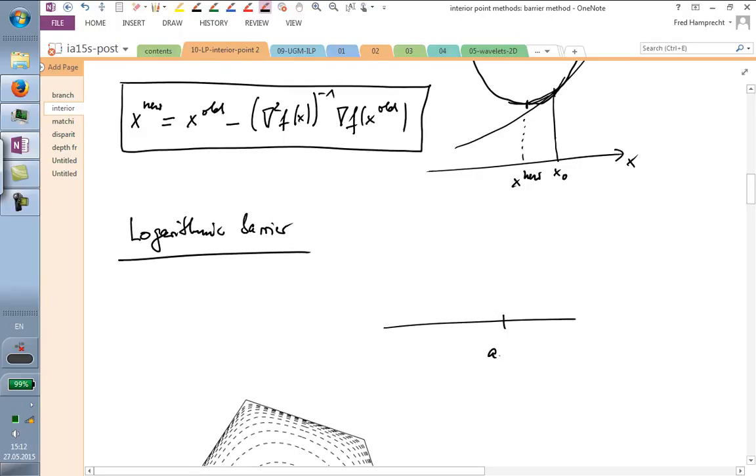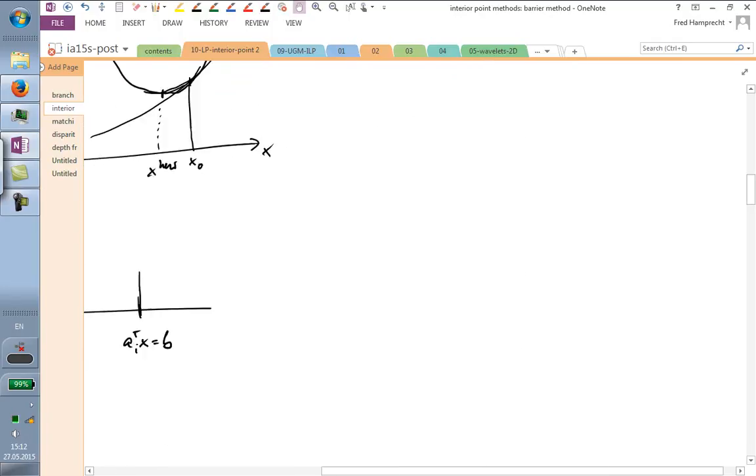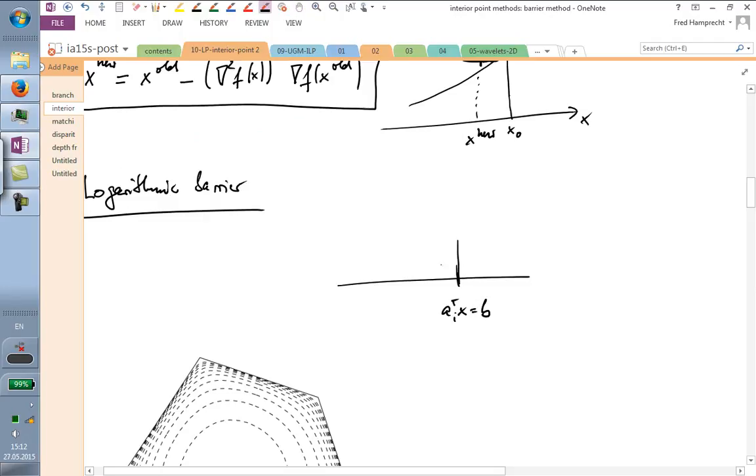Let's say in one dimension, this is the constraint that I have, and now I want to only allow solutions in the half space to the left of this.